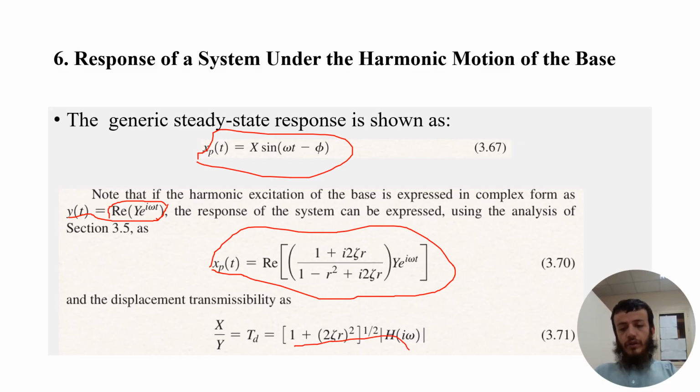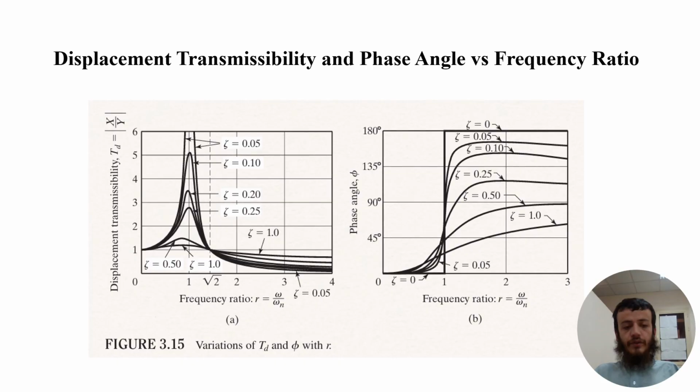Later on, we will see some effects. The displacement transmissibility ratio versus frequency ratio: we will see that if we have a frequency ratio of square root of 2, our displacement transmissibility is unity.